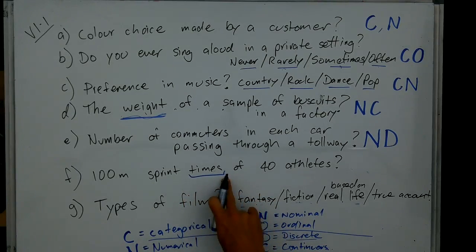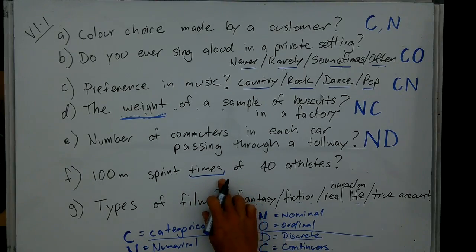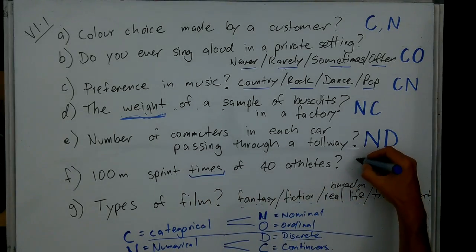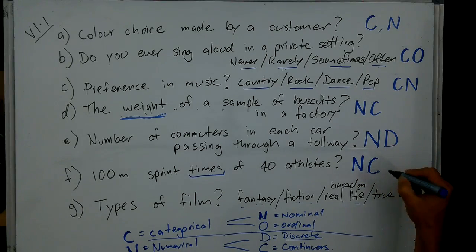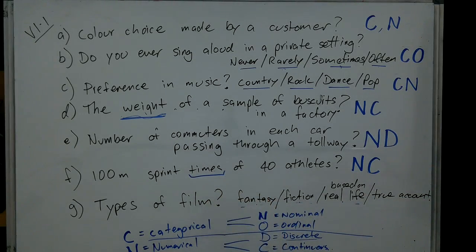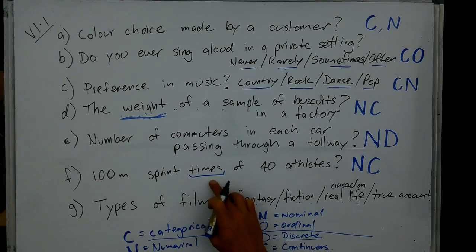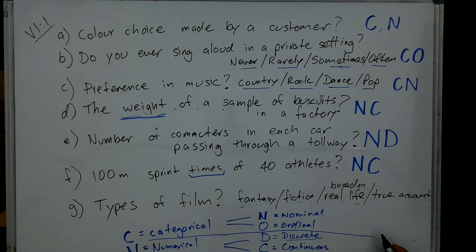And because we can measure time in minutes, seconds, milliseconds, depending on the accuracy of how you're measuring it, that is a continuous measurement. Again, it's a measurement. So this is numerical, because it's going to come out as a number, and it's continuous because it's just dependent on how accurate our measurement of time is. At the Olympics, I'm sure it's more accurate than at the sports carnival.